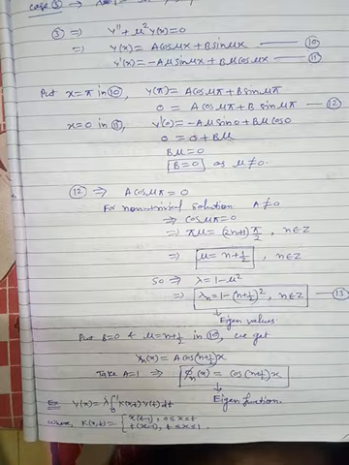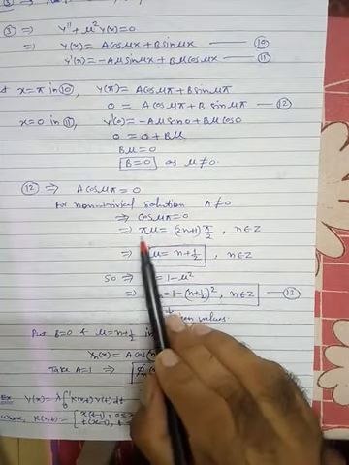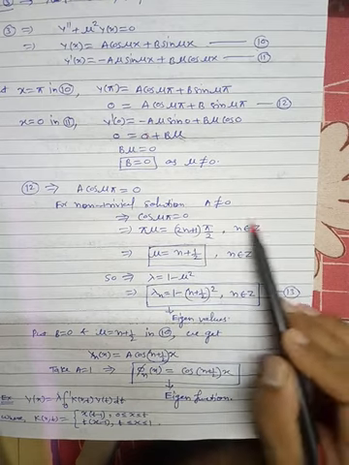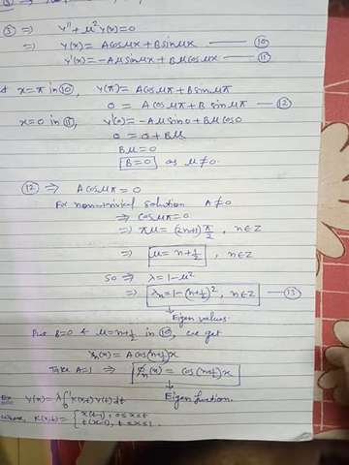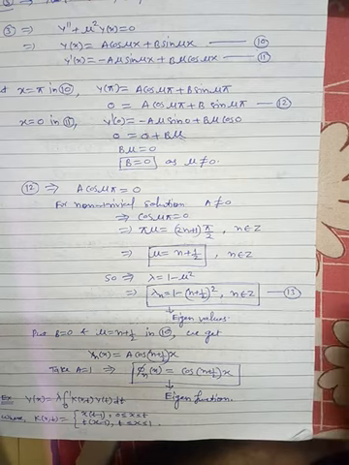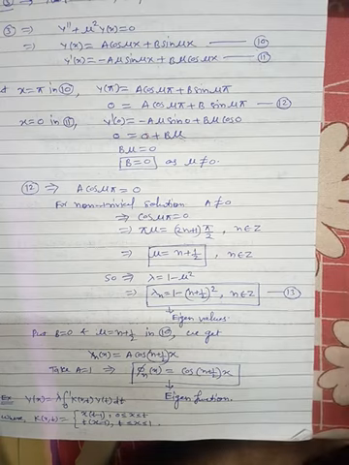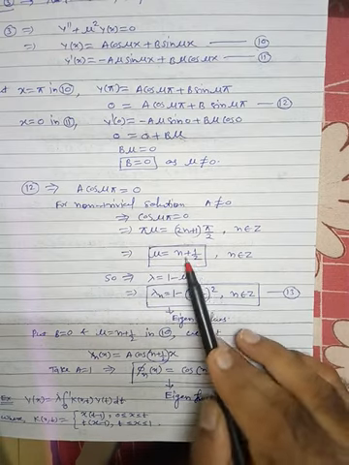This is the general solution according to trigonometry. Mu pi is equal to (2n plus 1) pi by 2, where n is any integer, because cos is an even function, maybe positive, maybe negative. So from here mu is n plus half.